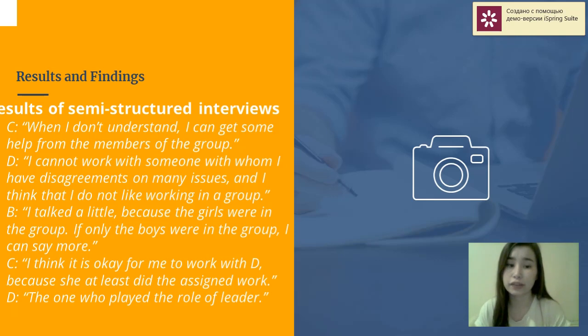Also, about disadvantages, if they have different personalities or they are from different genders, it is more difficult for them to interact, to communicate and to work than working individually.